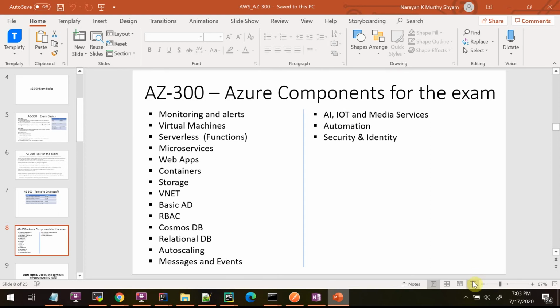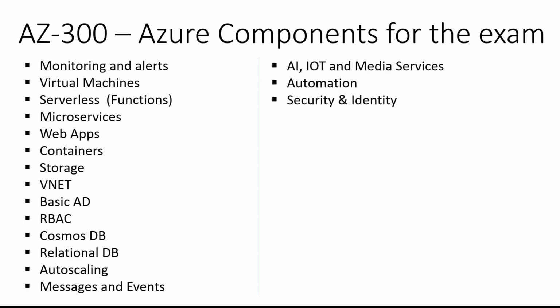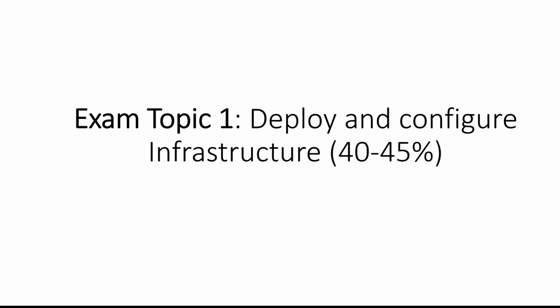These are the primary components you might have to focus on for the 300 exam: monitoring, virtual machines, serverless, microservices, web apps, containers, storage, VNet for networking, then AD, RBAC, Cosmos DB, relational DB, auto scaling, messages and events, AI, IoT, media services, automation, security, and identity.